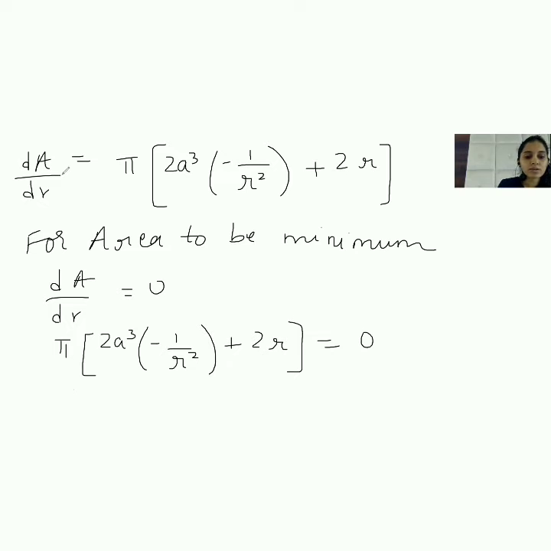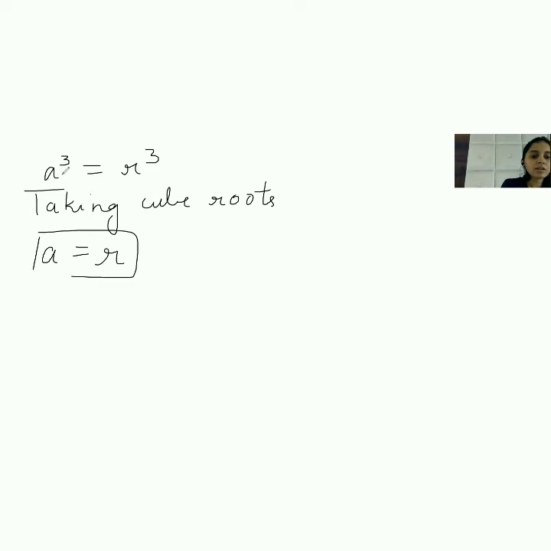So we are going to get 2a cube minus 1 upon r square equal to minus 2r. 2 cancels out, minus becomes plus. Then we have a cube is equal to r cube. Taking cube roots, we have a equal to r. So r equal to a.